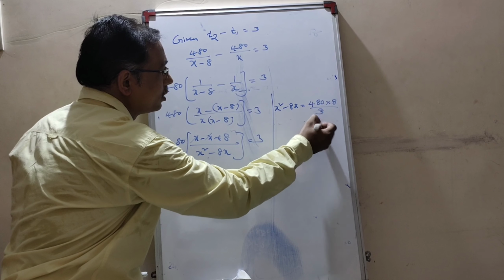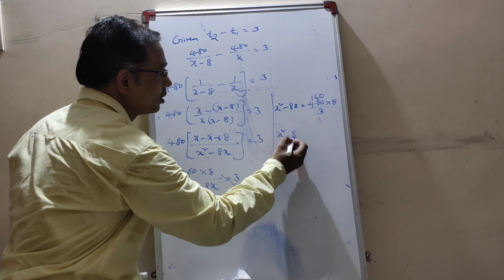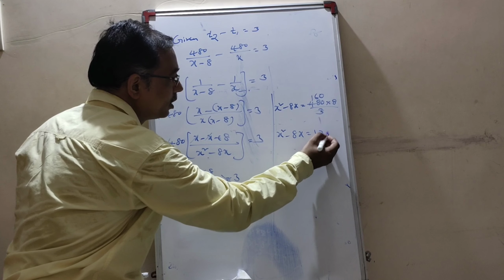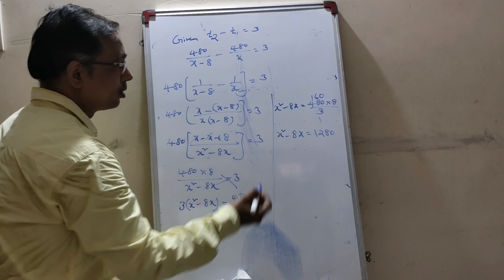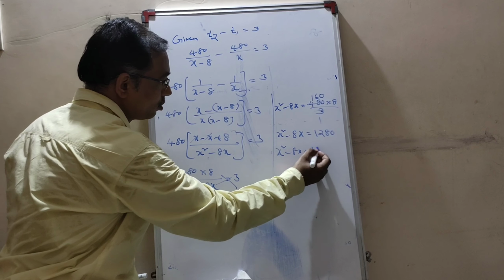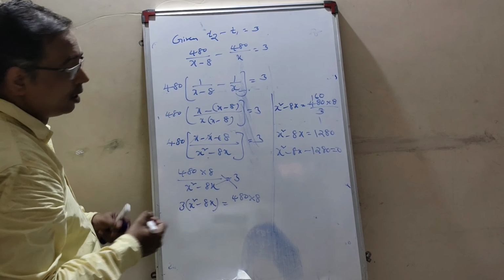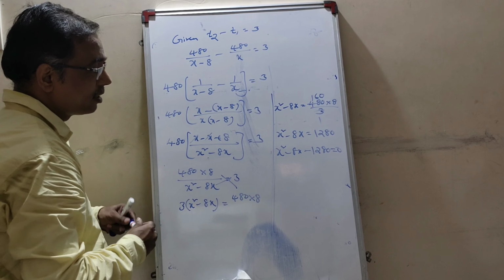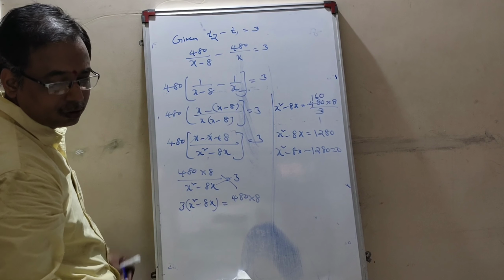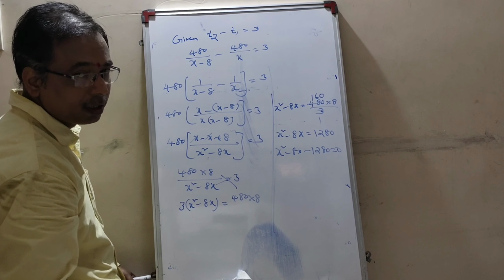In cancellation we get 160, so x square minus 8x is equal to 160 into 8, which is 1280. Then on the left side we get minus 1280. So the final answer is x square minus 8x minus 1280. So that is the quadratic equation in variable x.